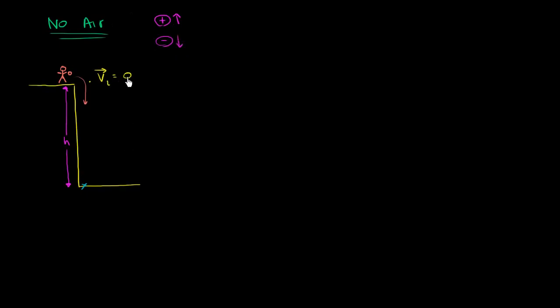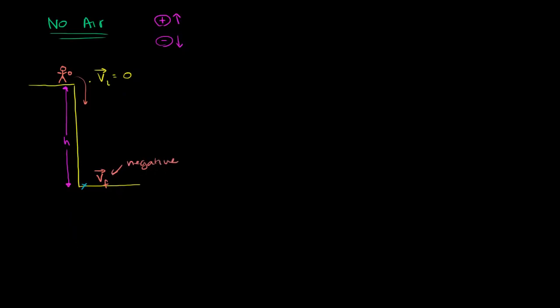So we're going to have an initial velocity over here of 0. And then at the bottom, we're going to have some final velocity here that is going to be a negative number.